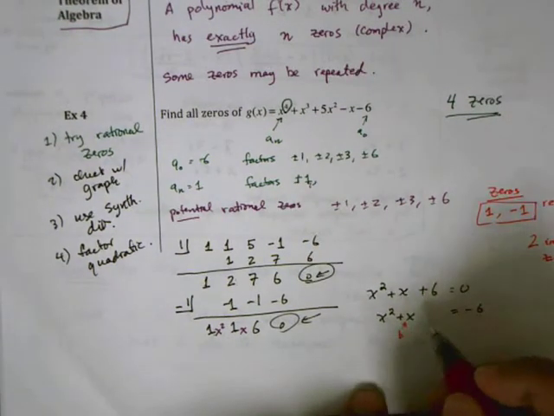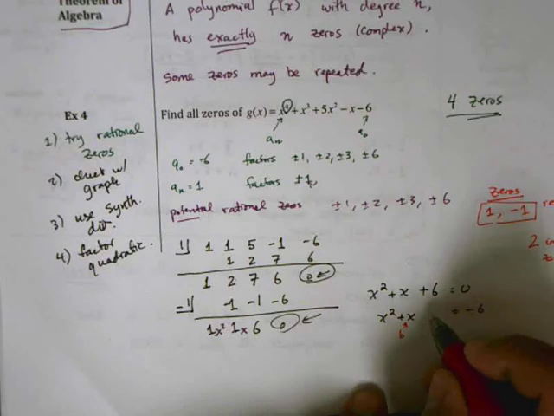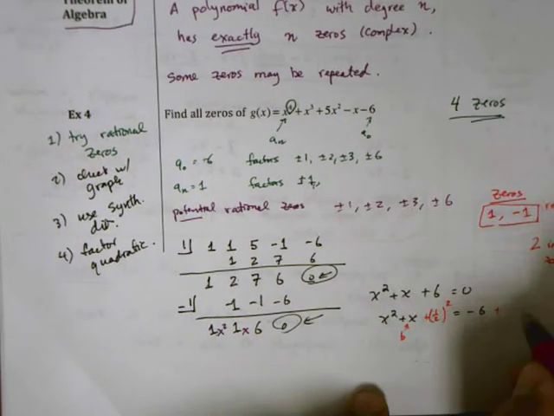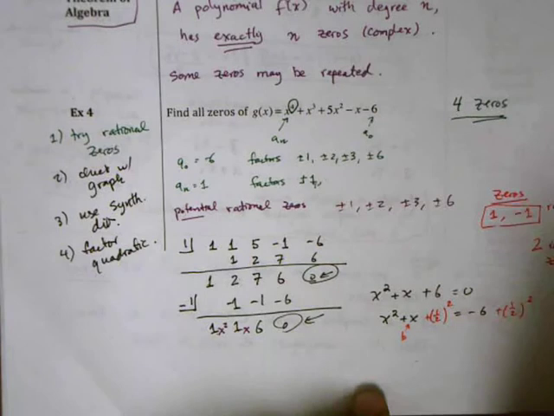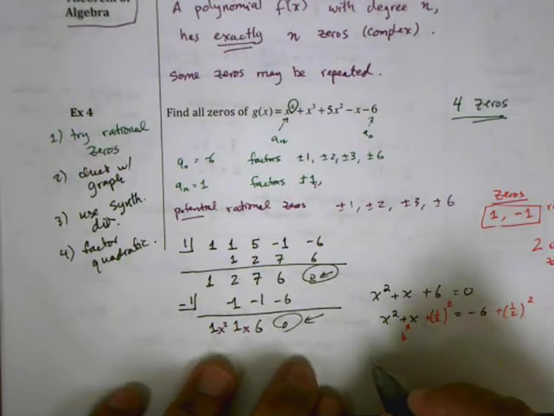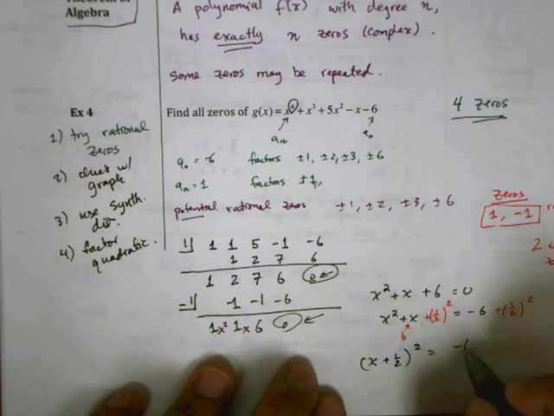This is b, right, which is 1. b over 2 squared, plus b over 2 squared. And this is going to factor nicely for me. This is going to give me x plus 1/2 squared is equal to negative 6 plus 1/4.